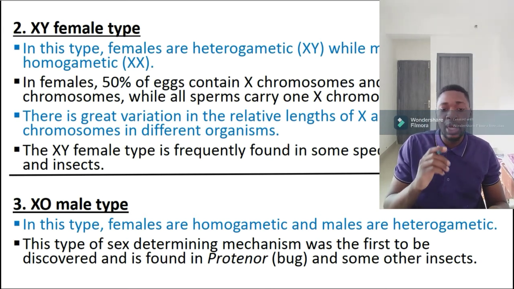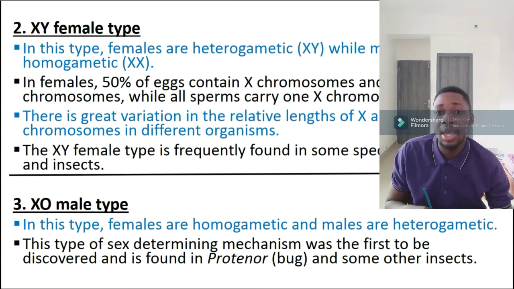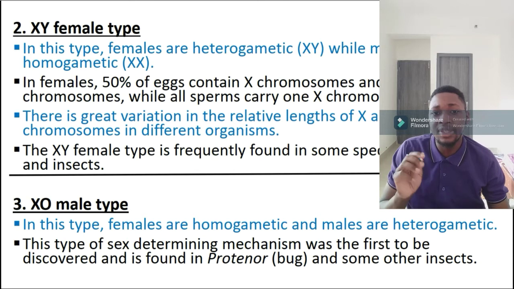And when we come to birds and some other insects, like birds, insects and fish, the XY represents the female. So take note, XY chromosomes in humans represent male and XY chromosomes in birds, fish and insects represent females.